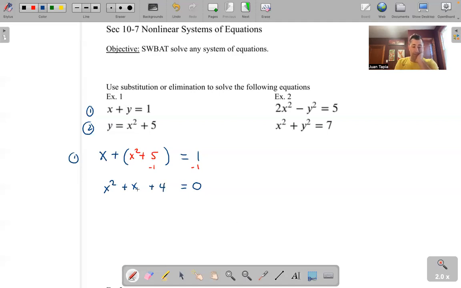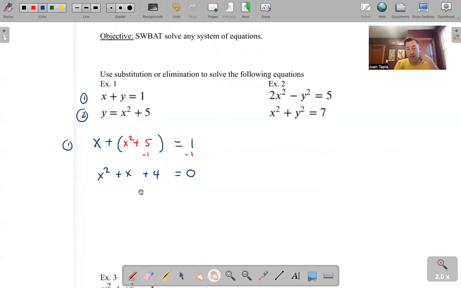So as I look at that, if I try factors of 4, they are 2 and 2, and 1 and 4, and none of them add up to be 1. So this is a situation where I'd kind of go straight to the quadratic formula. All right.